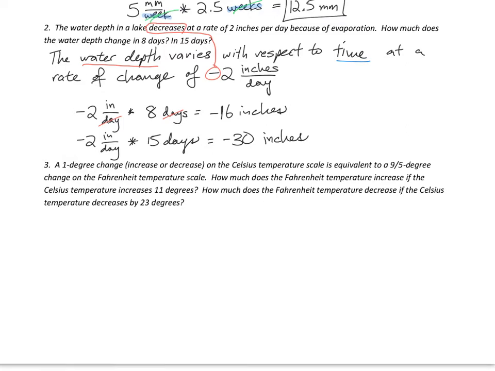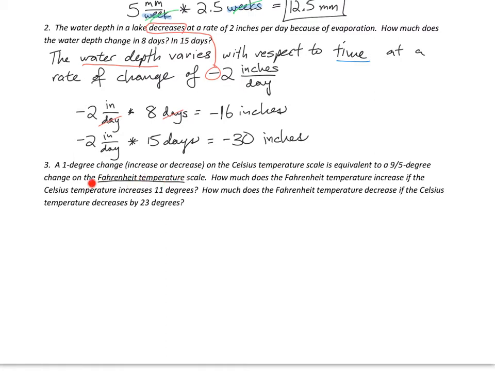So the sentence for this is, I think we should figure out first what the independent and dependent variables are. It seems as though the Fahrenheit temperature would be the dependent variable, because we're talking about how the Celsius temperature changes and how that affects the Fahrenheit.